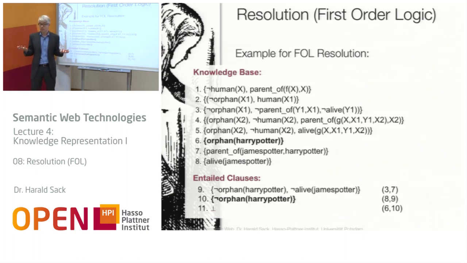And what we have shown here is that this knowledge base is a contradiction, which means, on the other hand, that our previous assumption of the not negated statement was a tautology. So, therefore, we can deduce that James Potter is not alive. So, this is the resolution as a method for proving the entailment of new facts from knowledge bases.